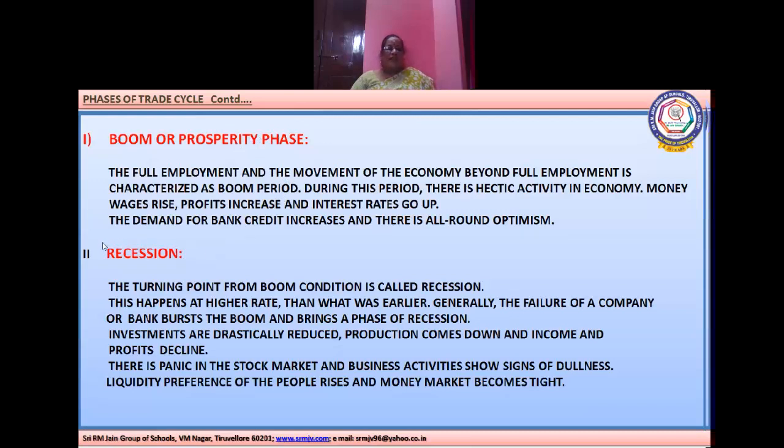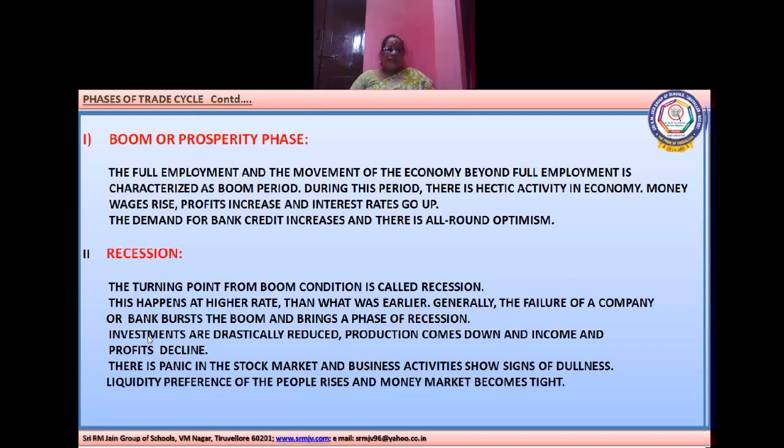Next one is recession phase. The turning point from boom condition is called recession. Generally, the failure of a company or bank bursts the boom and brings a phase called recession.